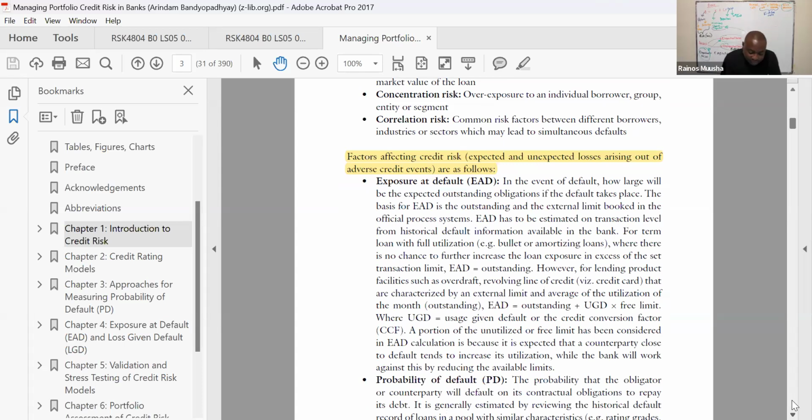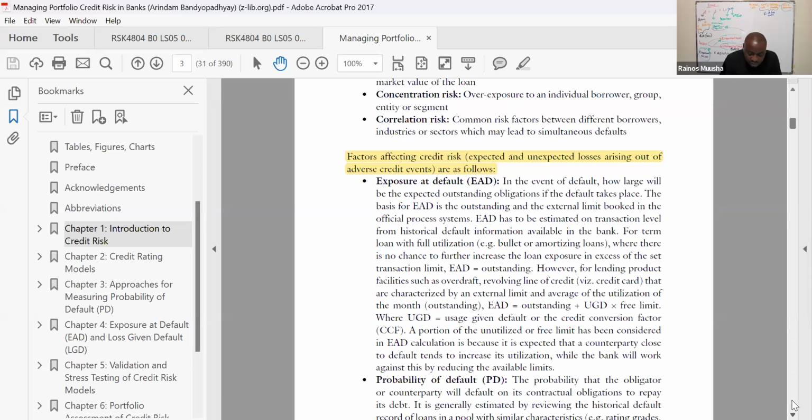They say your exposure at default asks: in the event of default, how large will the expected outstanding obligations be if the default takes place? The basis for exposure at default is the outstanding and external limit booked in the official process system.